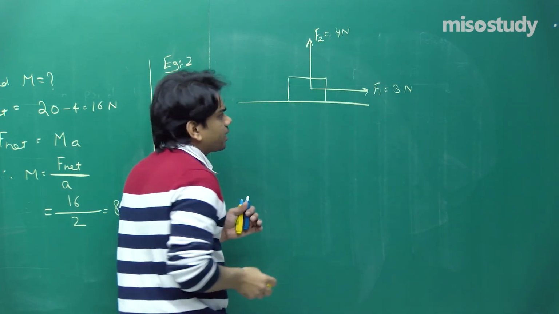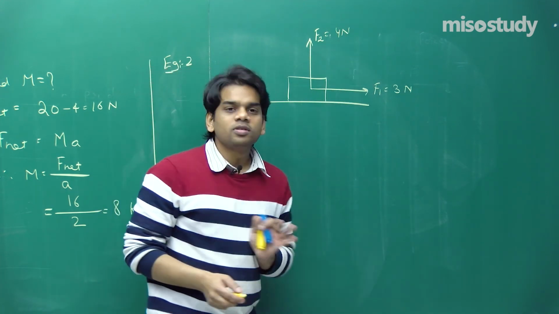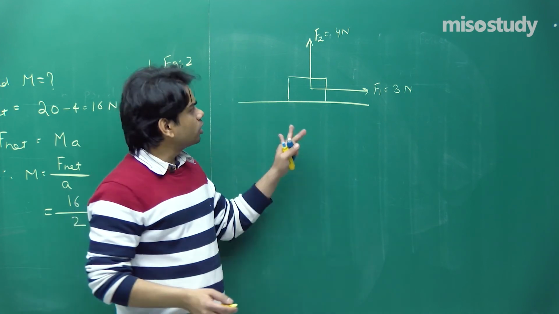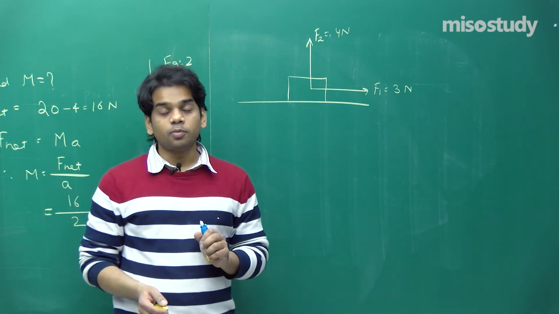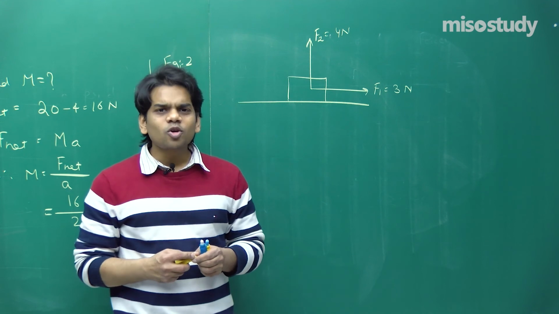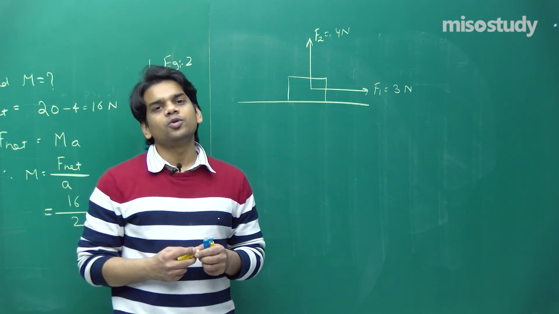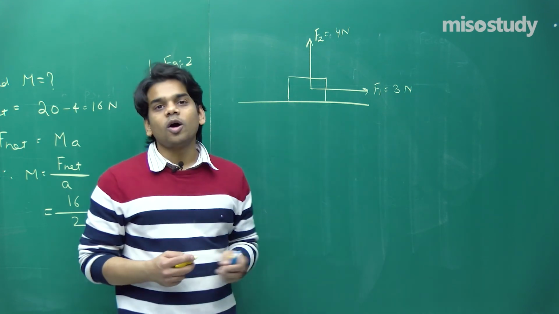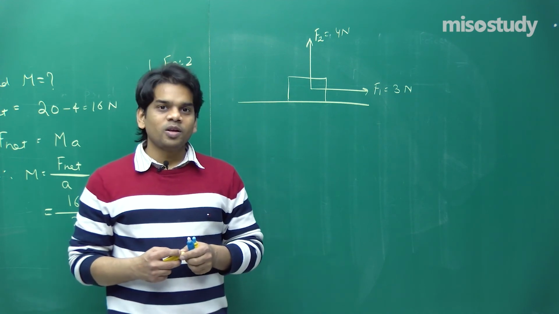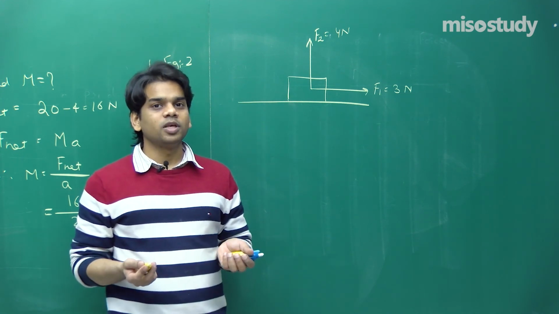These two forces are acting on the object. Suppose we want that the body should be in equilibrium. Then what one force do you need to exert on this object so that the body remains in equilibrium? Let that force be equal to F.